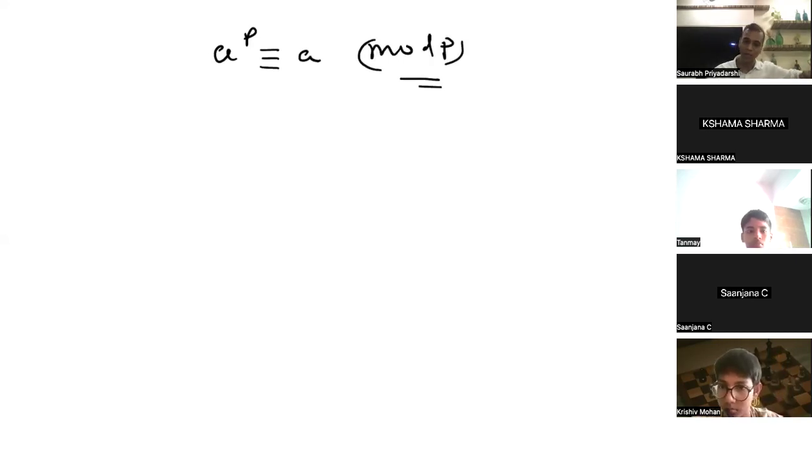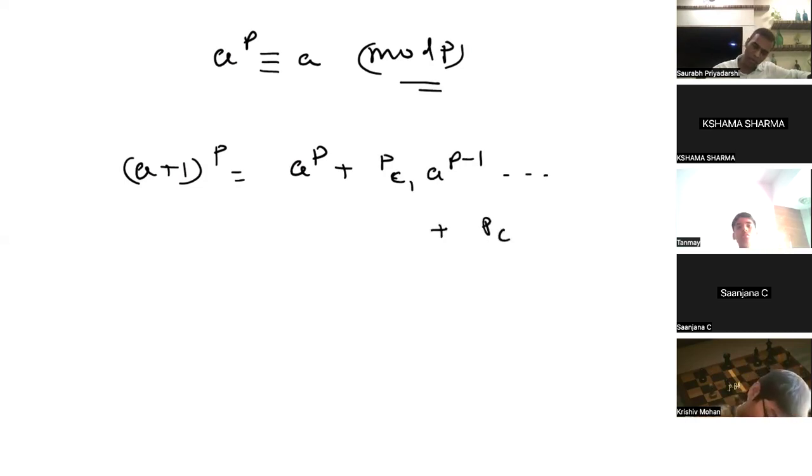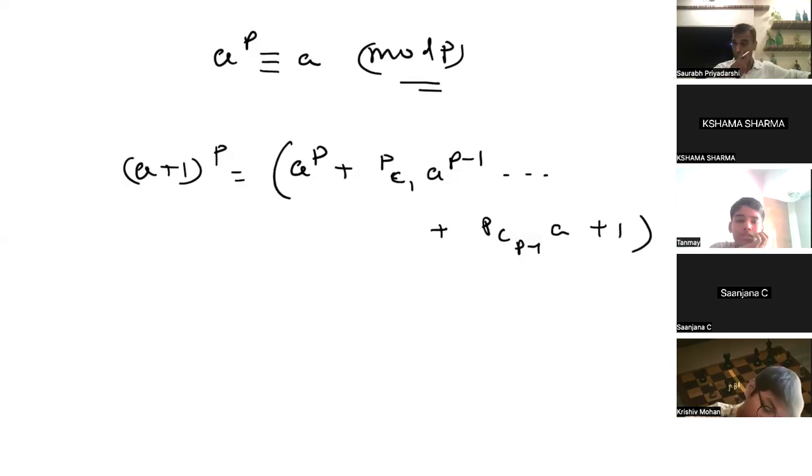If I'm saying a plus 1 to the power p, the expansion of this is a to the power p plus pC1 a to the power p minus 1, and so on, up to pC2 and all, then pC(p minus 1) a plus 1. Is this okay?